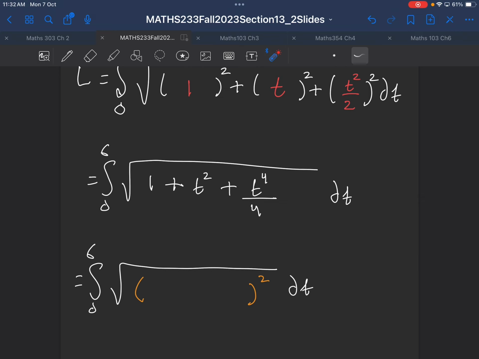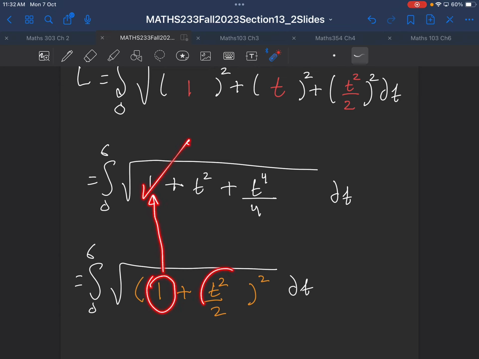Now, how are we going to guess it? I know that this one could be t squared over 2, because if you square it, you will get this back. And 1 is 1, because if you square it, you will get 1 back. So let me try this guess, 1 plus t squared over 2. Now we have to check our answer. 1 squared is here.